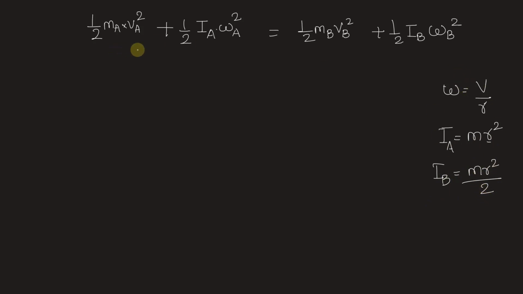Putting all these values in this equation, we get half VA square plus half into r square VA square by r square is equal to half VB square plus half r square by 2 into VB square by r square.